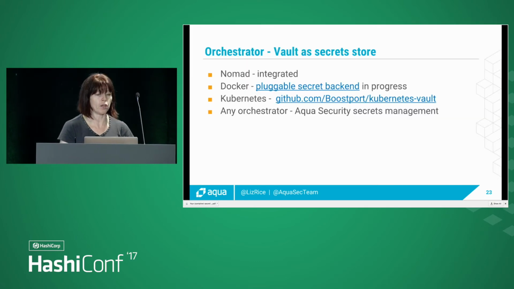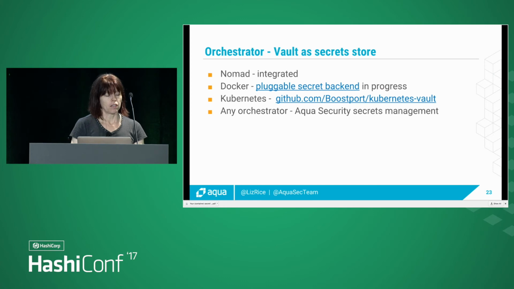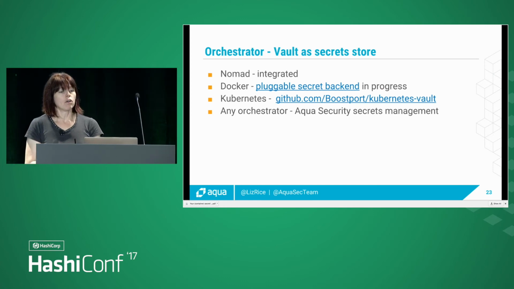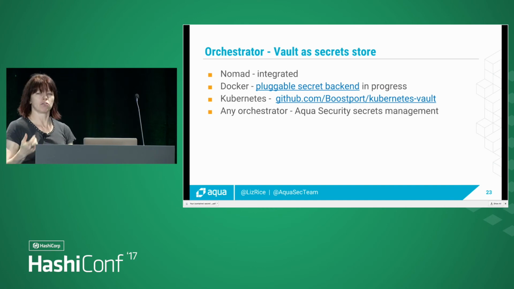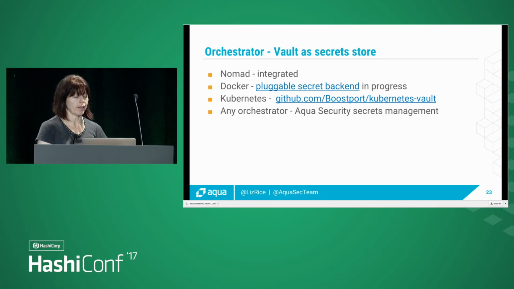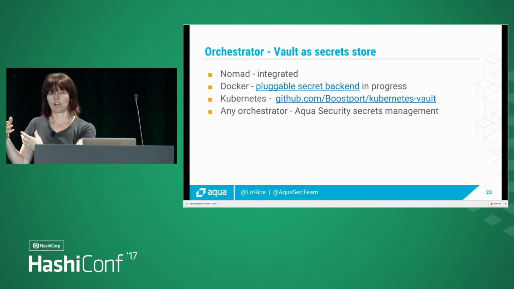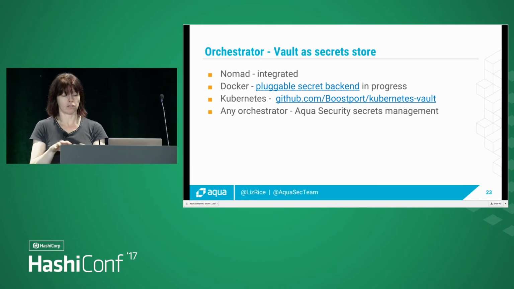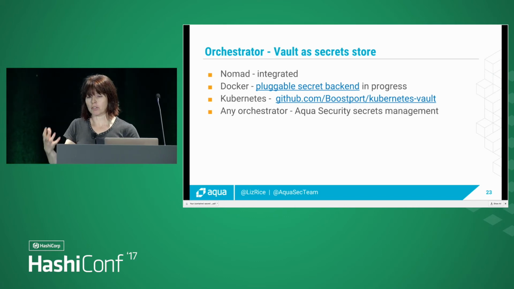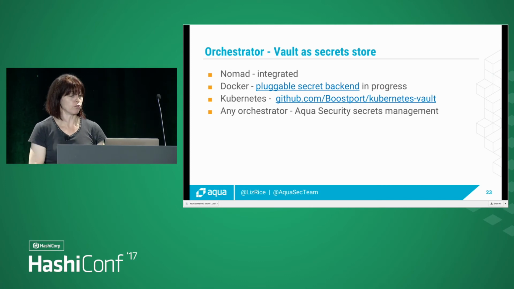So we talked about Nomad having integration. Docker are working on a plugin backend approach for secrets. So Vault will, I believe, be one of the backends supported by that. So you'll be able to use the same Docker Swarm commands and the same Docker secrets commands, but they'll be stored in Vault for you.